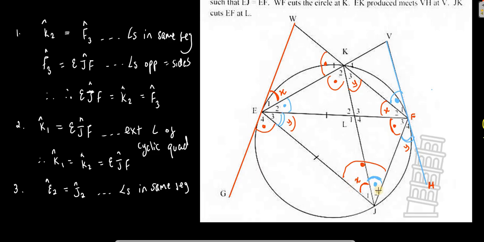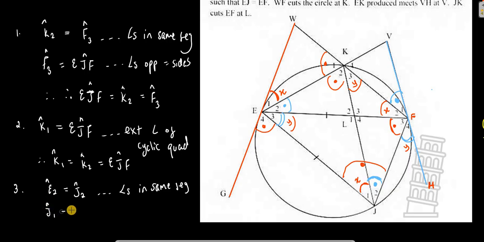So if E2 is equal to J2, right? Remember also J1 is equal to F2. I want to call them X and Y, but then you know what, it's fine. Let's say J1 is equal to F2 because those are also angles in the same segment.